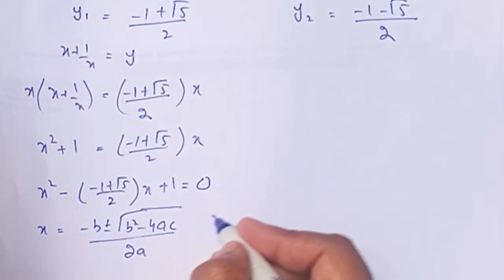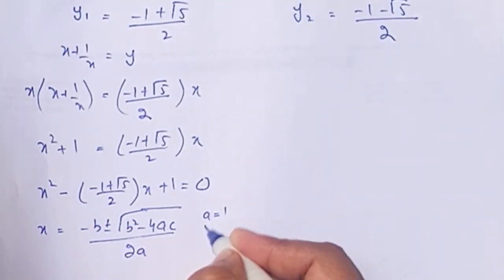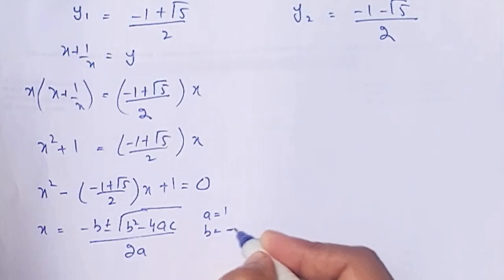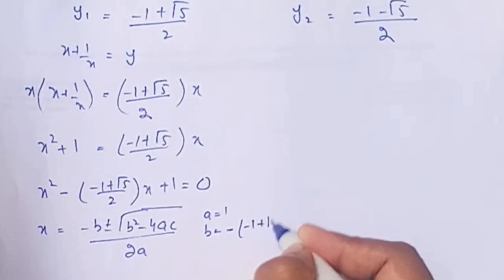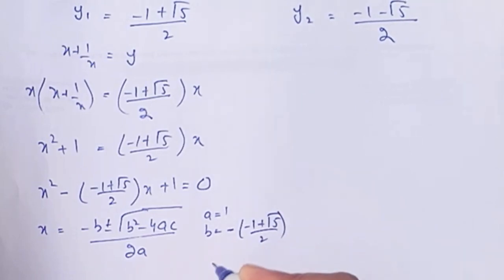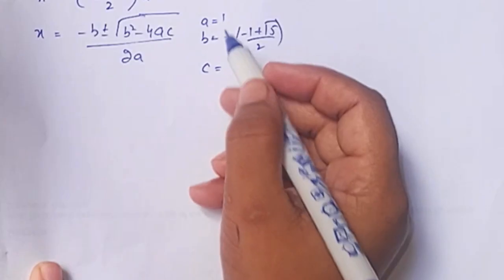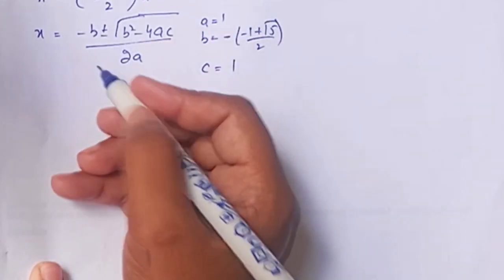So in our case, a is equal to 1 and b is equal to minus into minus 1 plus square root 5 over 2, and c is equal to 1. Now we put this value in this formula.